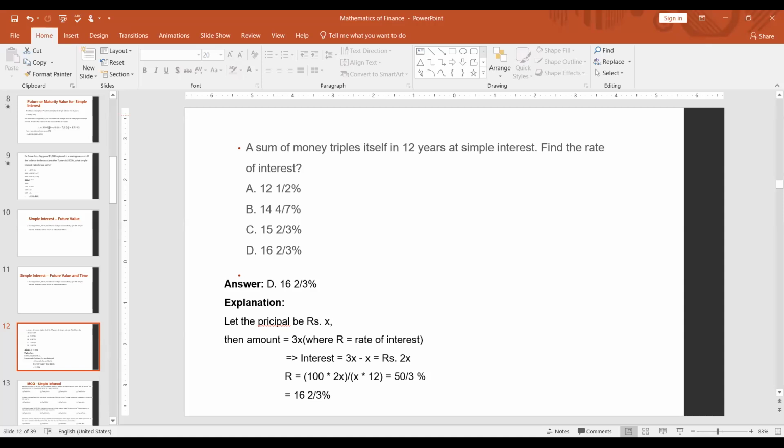Now I'm going to save the chat box, right? Okay.